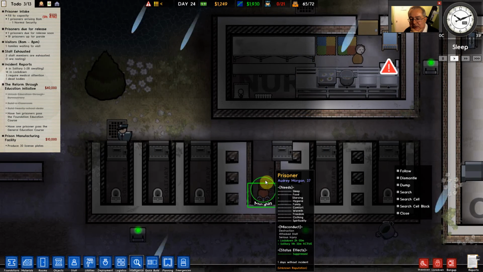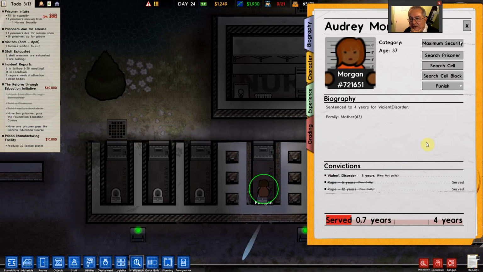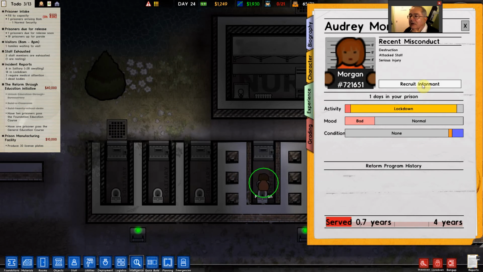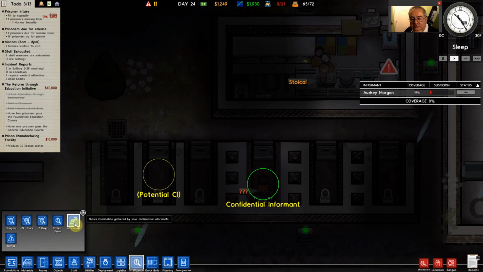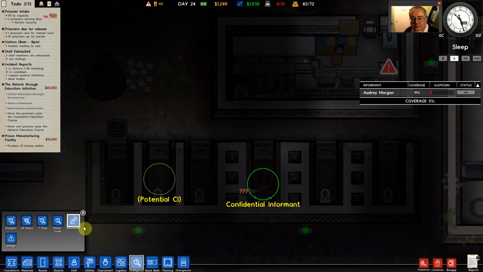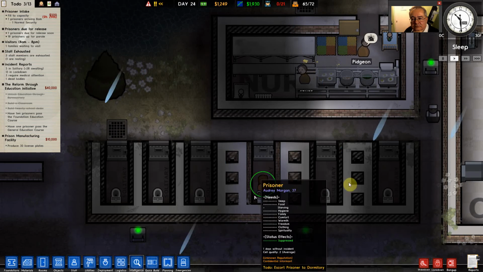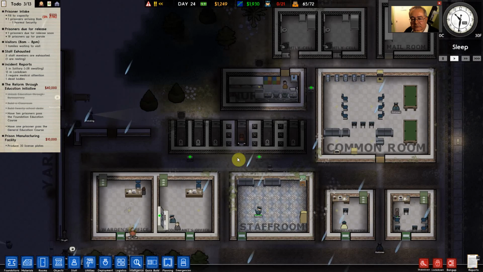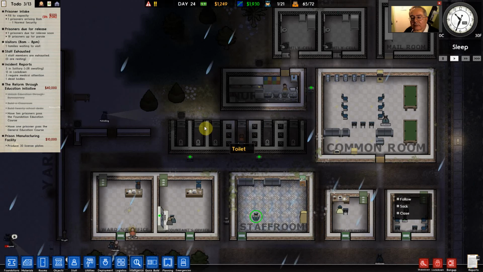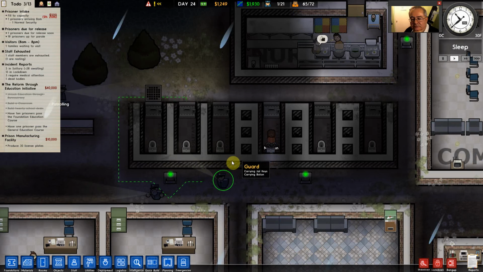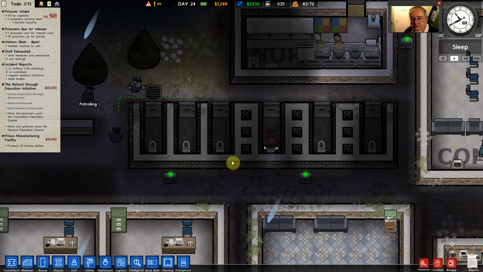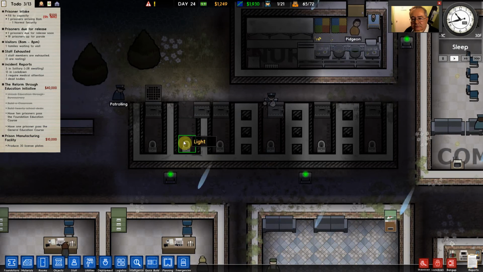Right. Is this the right cell? I think so. Oh.